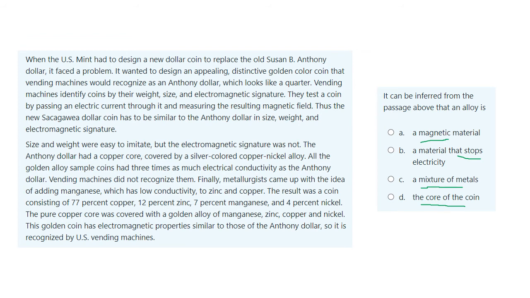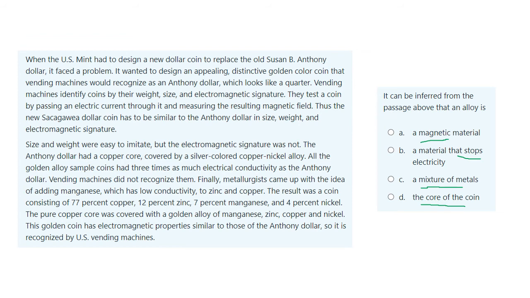It wanted to design an appealing, distinctive golden color coin that vending machines would recognize as an Anthony dollar, which looks like a quarter. Vending machines identify coins by their weight, size, and electromagnetic signature. They test a coin by passing electric current through it and measuring the resulting magnetic field. Thus, the new Sacagawea dollar had to be similar to the Anthony dollar in size, weight, and electromagnetic signature.